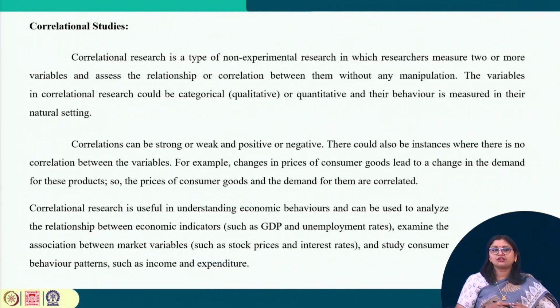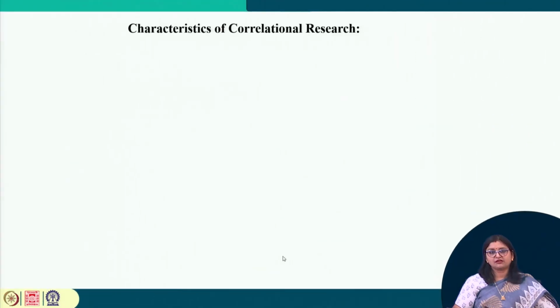Examining the association between market variables such as stock prices and interest rates, and studying consumer behavior patterns such as income and expenditure, are also part of this type of research.